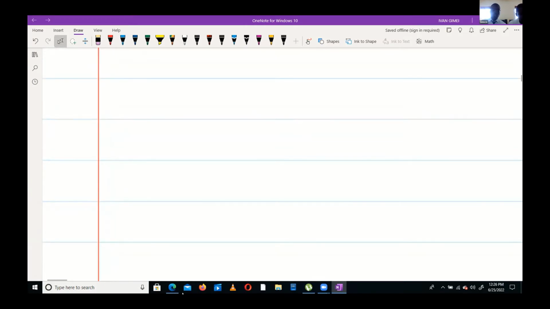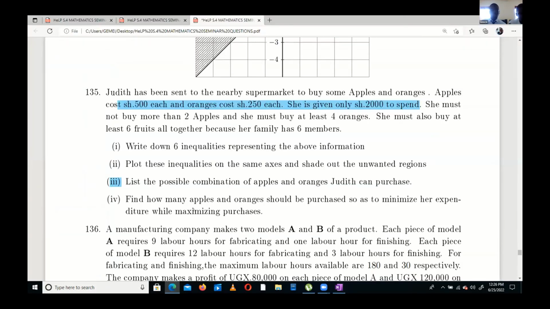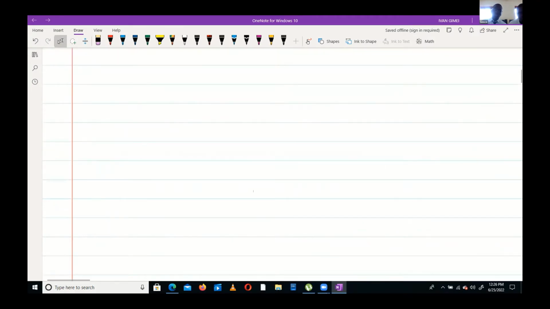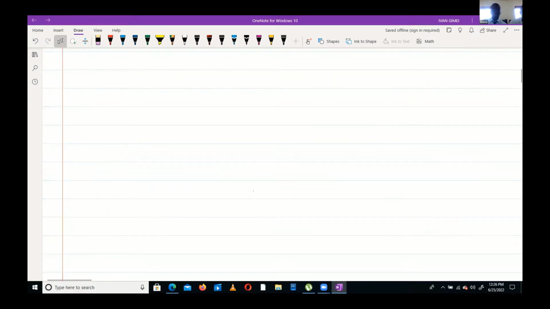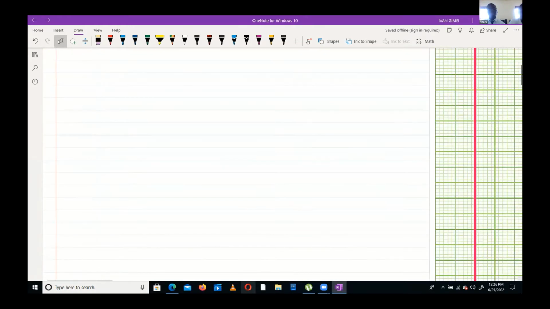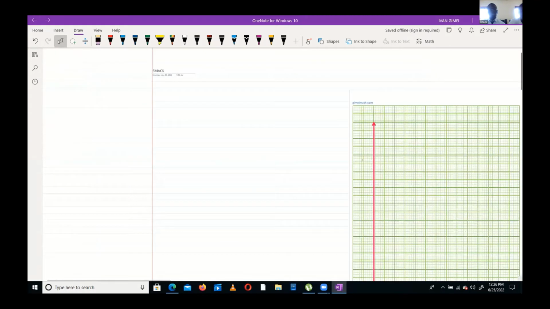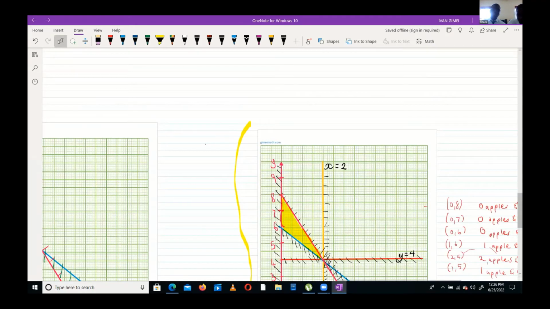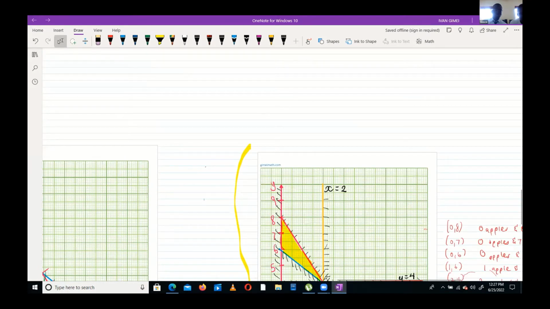That was the inequality that we got from saying that 500x plus 250y is less than or equal to 2,000 shillings.